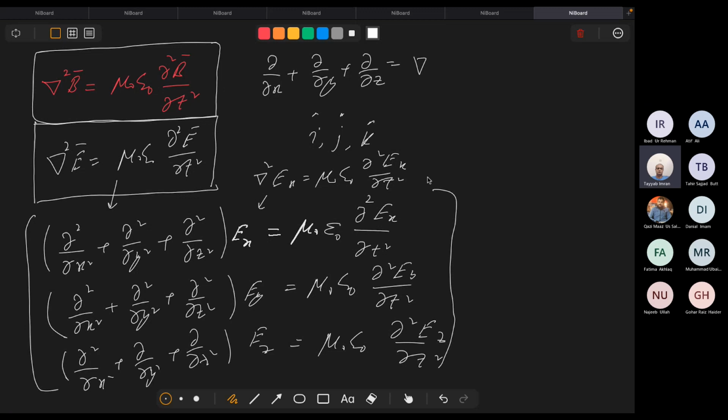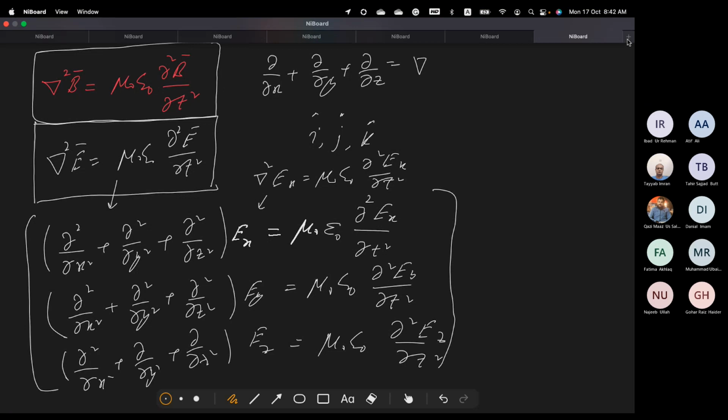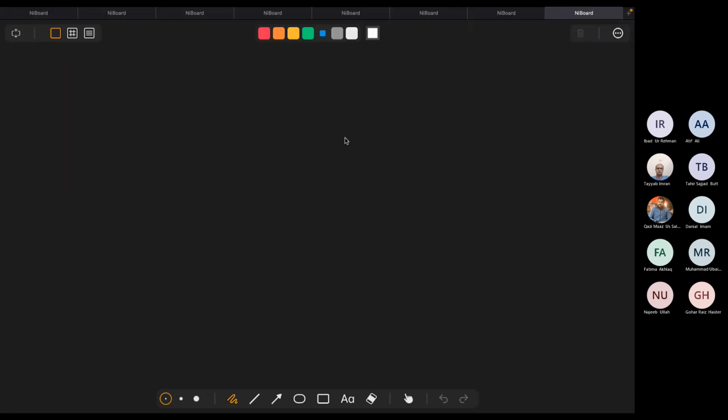Okay, so now we move further. These are wave equations, for the magnetic field and for the electric field. So if the waves are periodic, then we know already the electric field has both the components, the space and time.